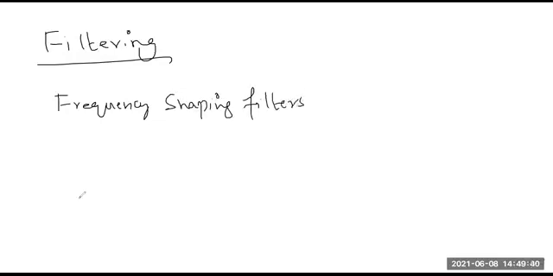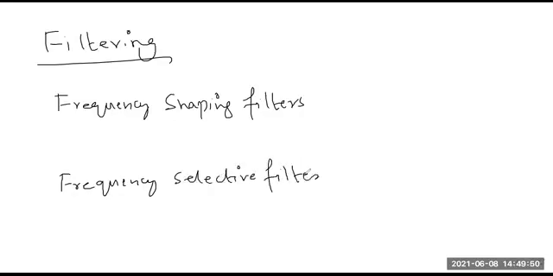We are going to talk about frequency shaping filters, and the other type of filter that we will talk about is frequency selective filters. So these are two categories of the filters that I want to discuss over here.